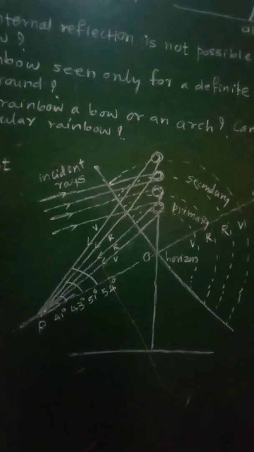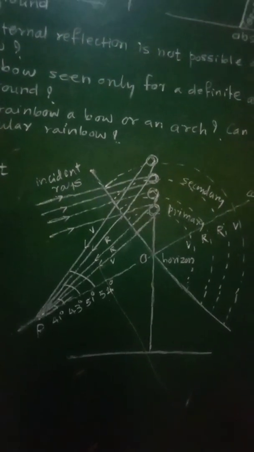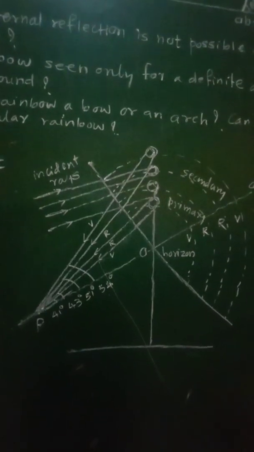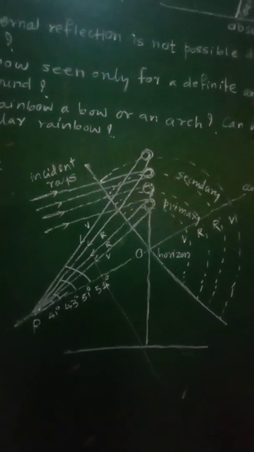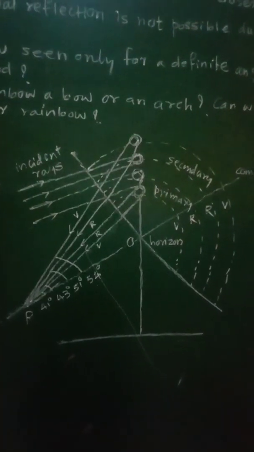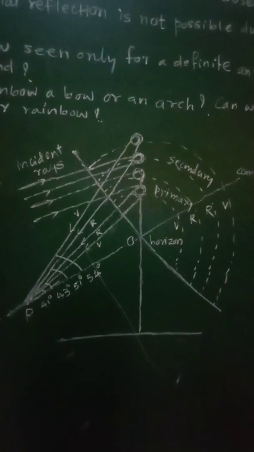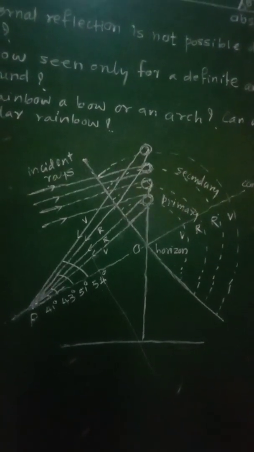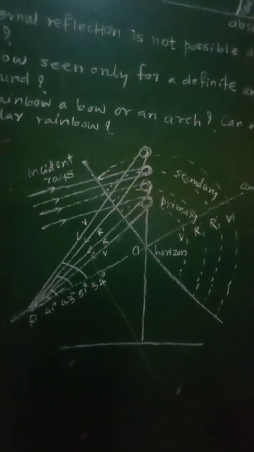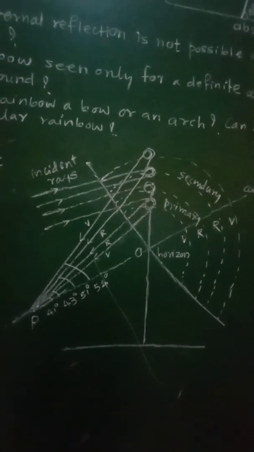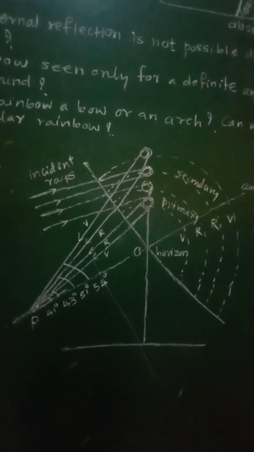That is, for the production of this rainbow with small drops, diffraction of light, that is, bending of light around the corners of the drops, will take place, and hence it dominates, and a clear rainbow cannot be seen.